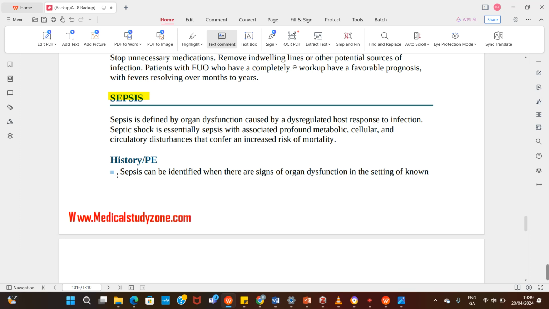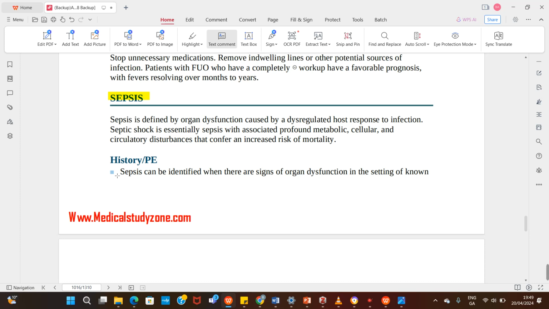So this is just organ dysfunction due to dysregulated host response to infection, meaning that the response should be at a particular level, but in sepsis it's kind of exaggerated, which is now even causing damage beyond the infectious insult. It's now affecting even normal organ functioning.